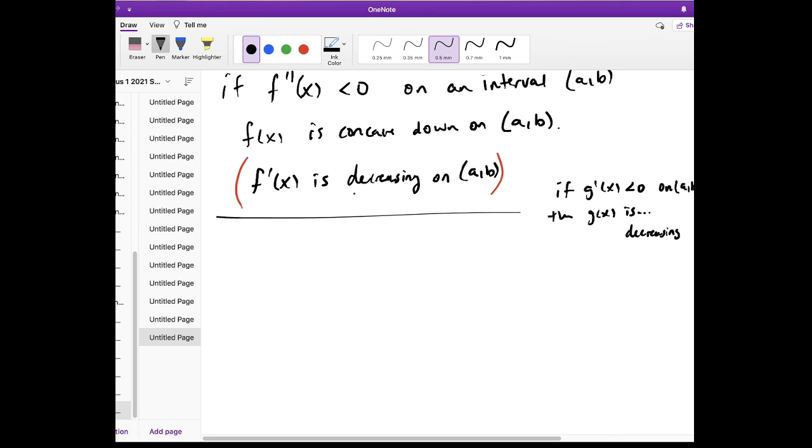Okay, so how do you know if it's concave down? You want f of x minus L of x to be negative, right? This is what we want. So what is L of x? What is the tangent line at some point?